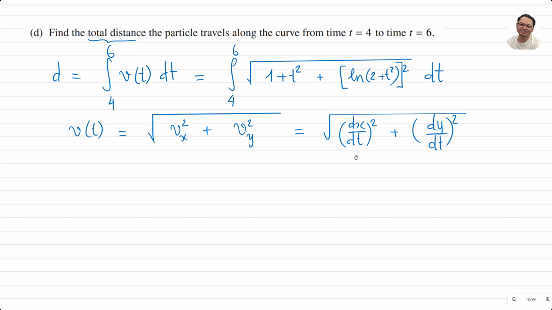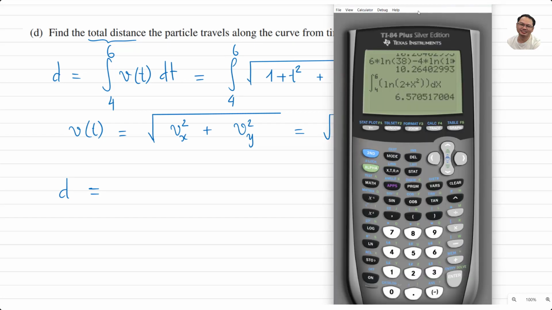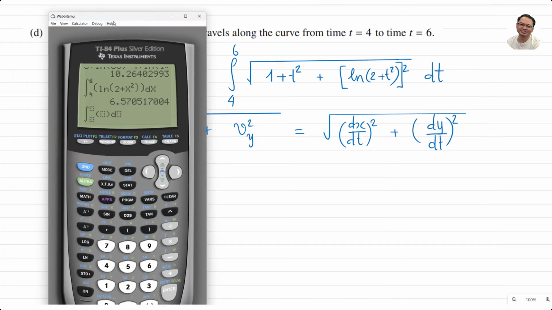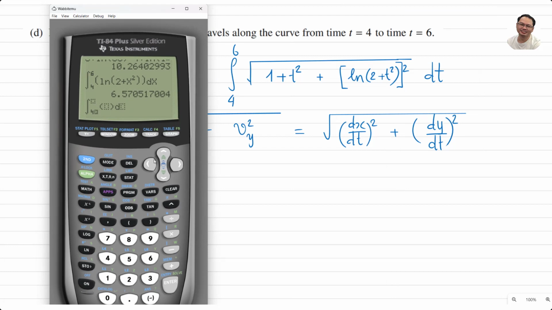Taking this integral with the calculator, we get the result. The distance that the object moved from the 4th to the 6th second will be the integral of this thing. Now use the calculator, and then I will enter the equation: lower limit, upper limit, and then the square root of 1 plus x squared, plus the square of ln(2 + x squared), closing the bracket, close it again, and put the square in.